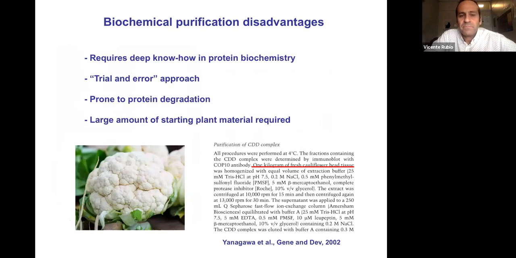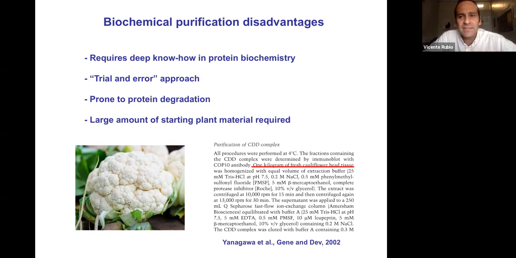So what are the disadvantages of this system? Well, one of them is that it requires a deep knowledge of protein biochemistry. Second, it relies a lot on trial and error. So you have to try different purification steps to see whether you indeed get an enrichment of your protein or you lose it.